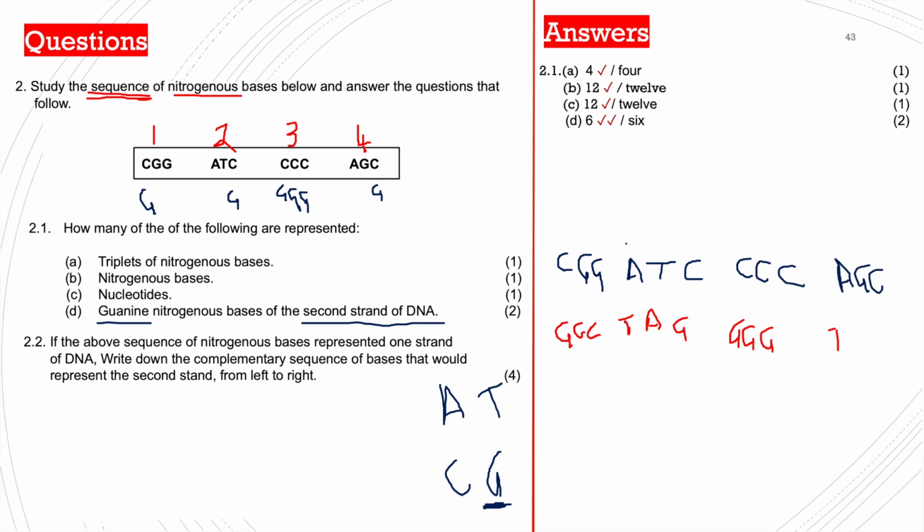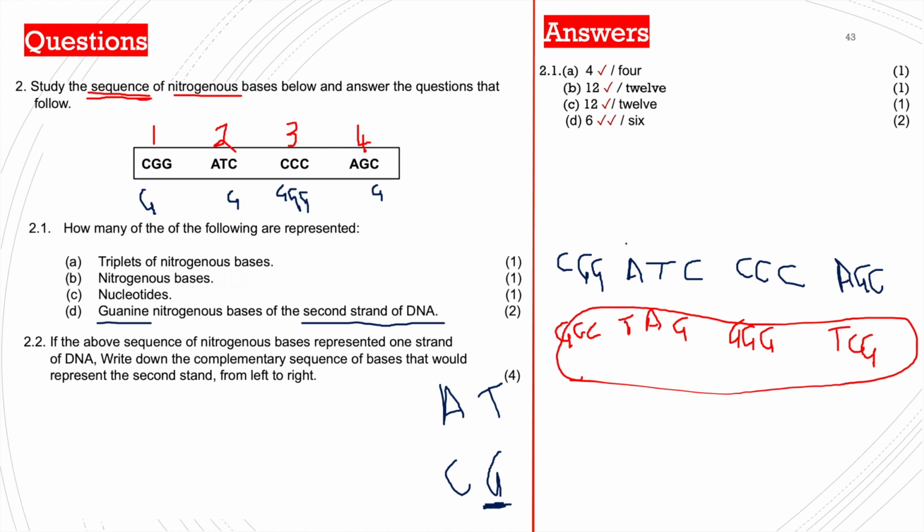So we are going to have tree, then garage, car, and then car, we are going to have garage. So the complementary strand of the second strand of DNA would contain this sequence of nitrogenous bases.